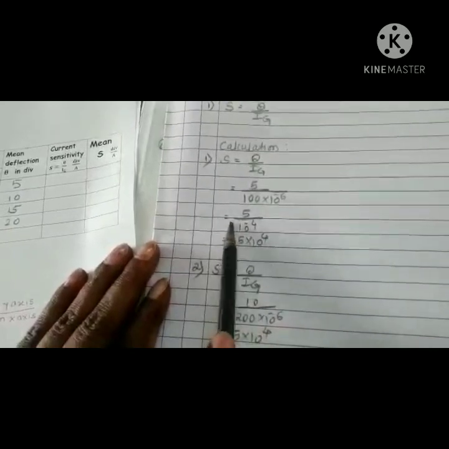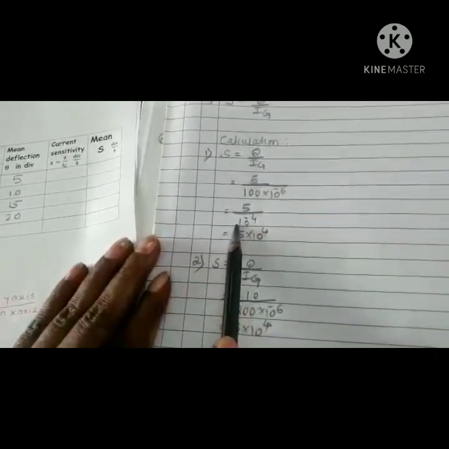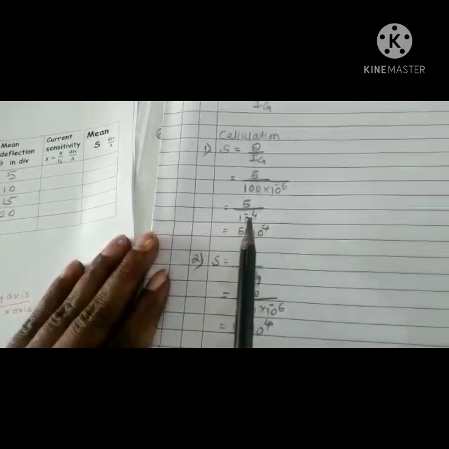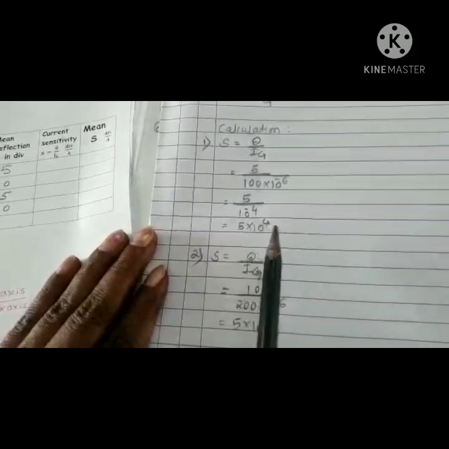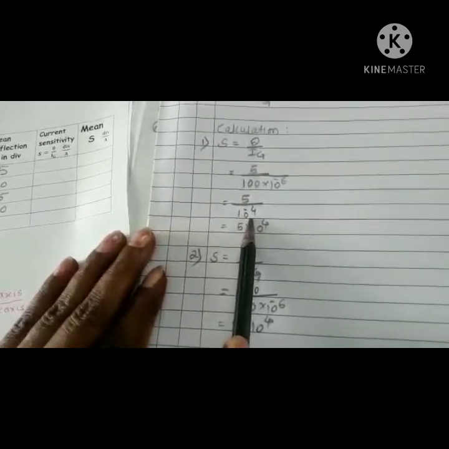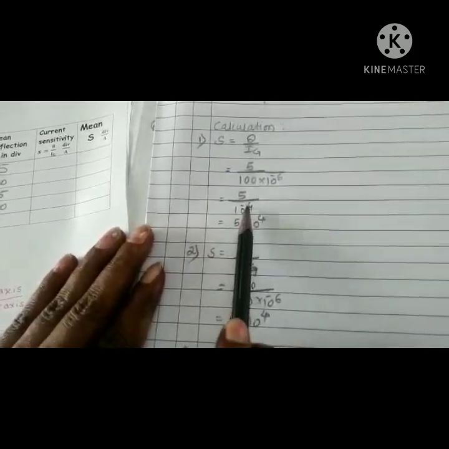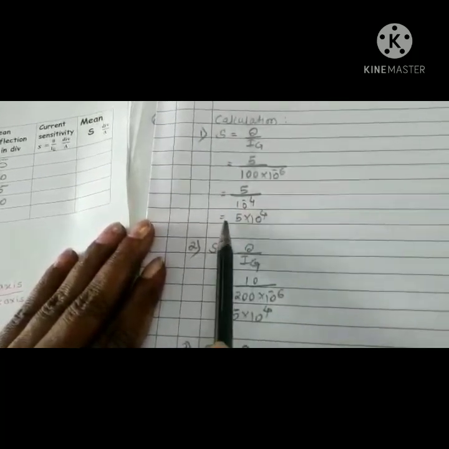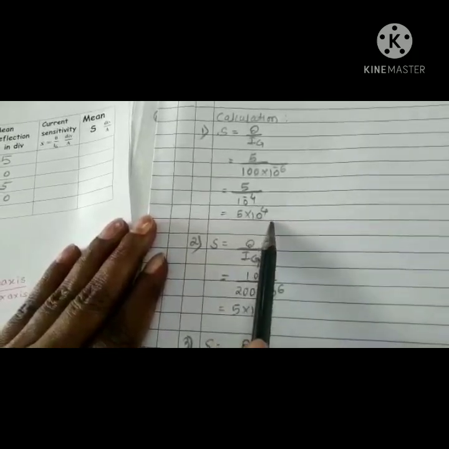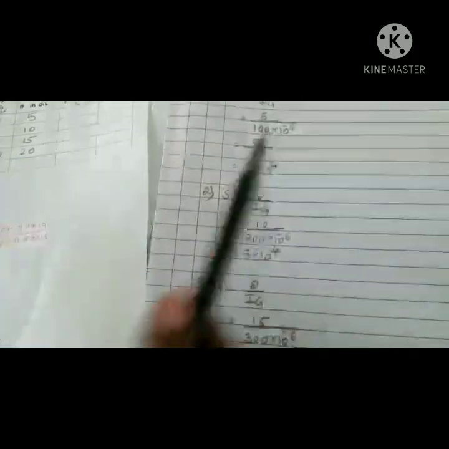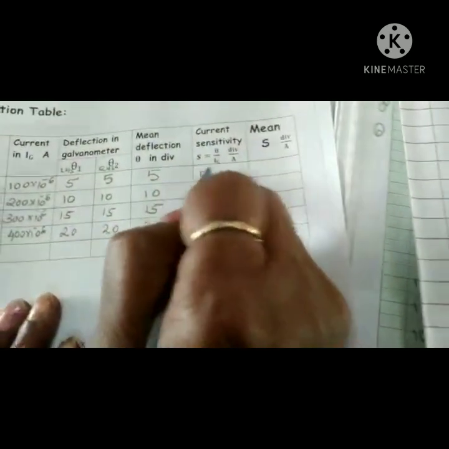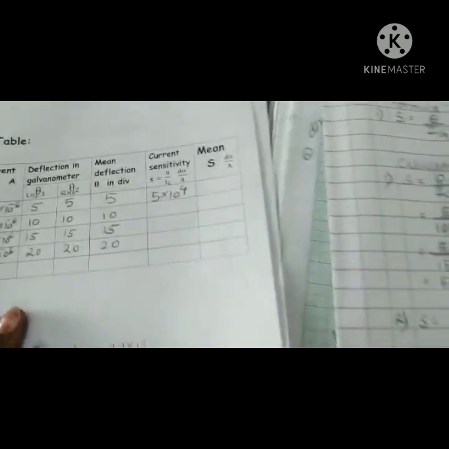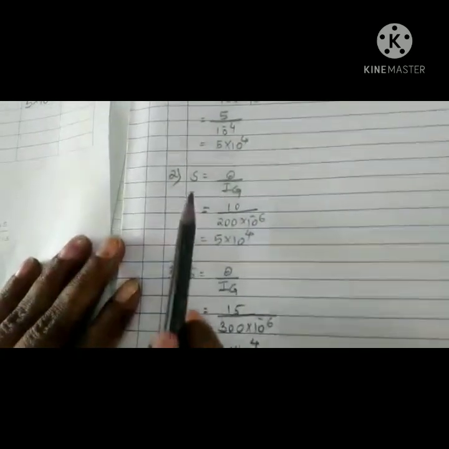By calculation, 5 divided by 100 means 10 to the power plus 2 into 10 to the power minus 6, that is 10 to the power minus 4. This 10 to the power minus 4 goes upward and becomes plus 4. The answer is 5 into 10 to the power plus 4. This is our first calculation, and we write here 5 into 10 to the power plus 4 division per ampere.